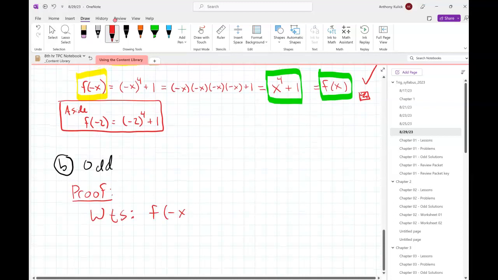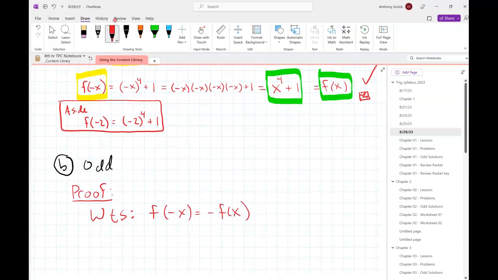And I want to show that f of negative x is equal to negative f of x. Except this time, let's not use f, because what letter did we use in the problem for part b? We called that g of x. So I'm going to make those g's, just so it doesn't get confusing. The problem was g of x, so I'm going to use g's when I state that.